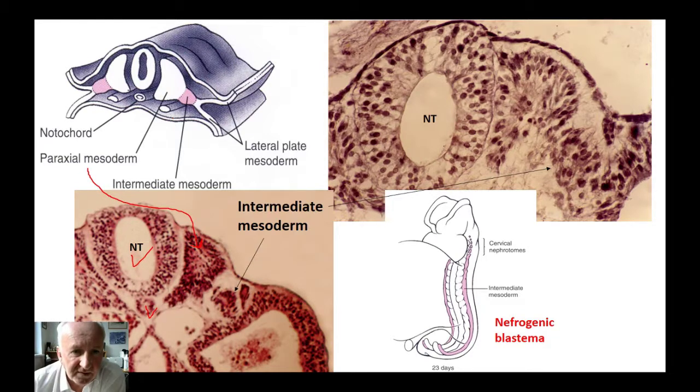As you see, on both sides, in a short distance from the neural tube is the next type of mesoderm, and in this moment we speak about the intermediate mesoderm, and this is our very important intermediate mesoderm for the development of the urinary system and the testes and the ovaries.